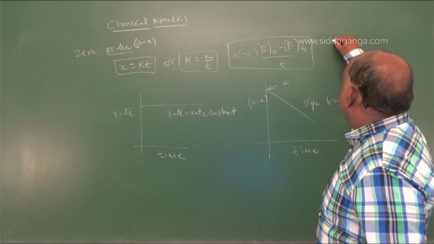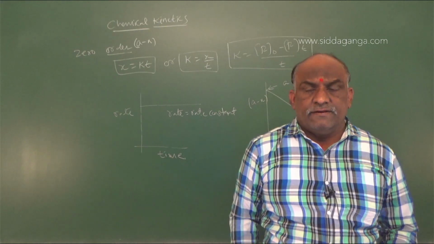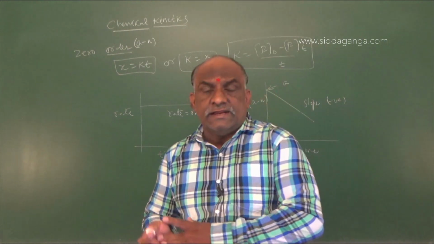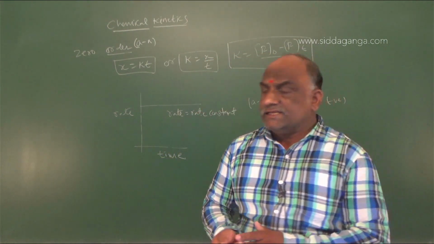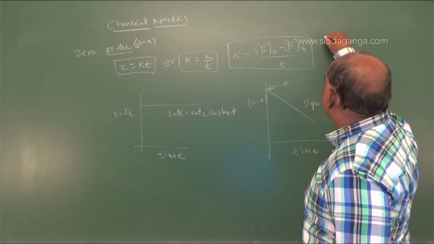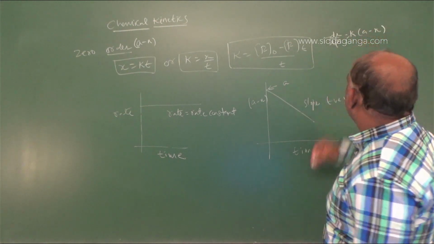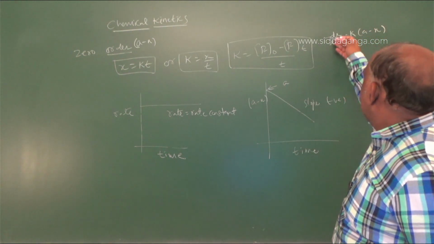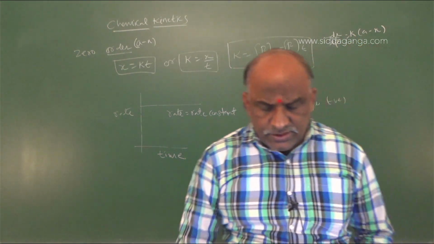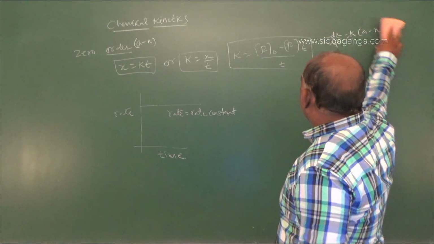From that we get the derivation: minus dx by dt is equal to k into a minus x. So here you should go with this graphical representation.